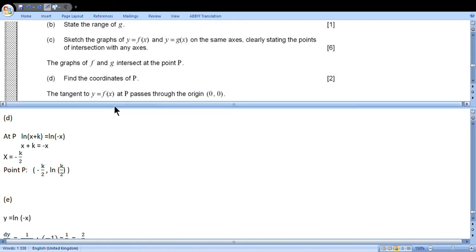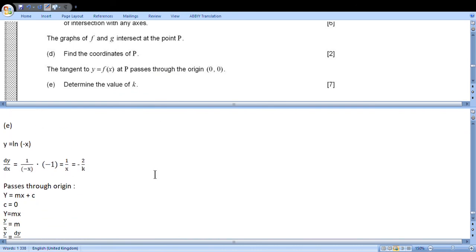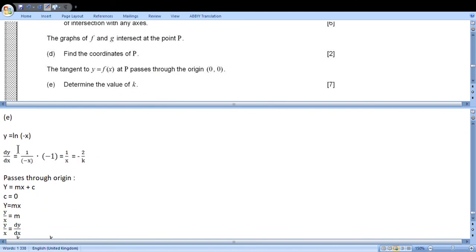The tangent to y equals g of x at P passes through the origin. Determine the value of k. So this is a function. The derivative will be again 1 over x.